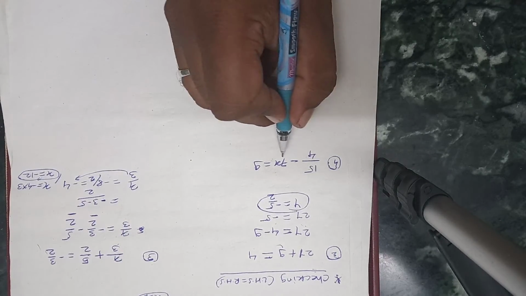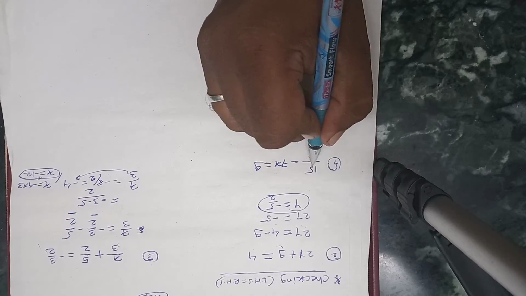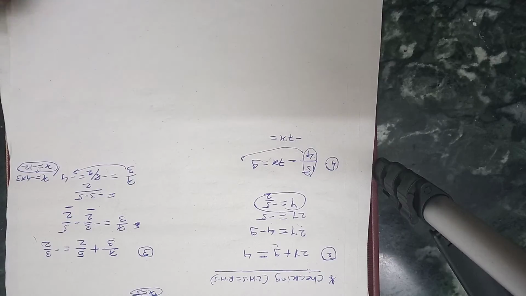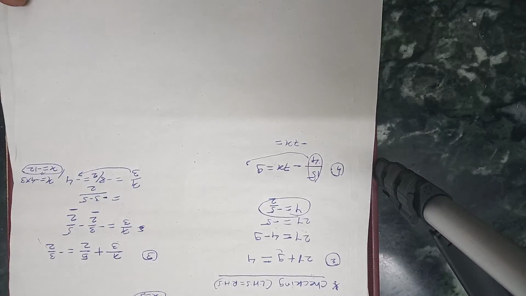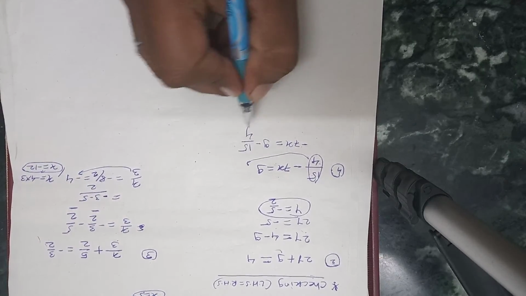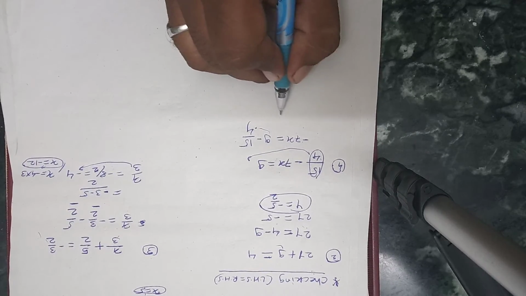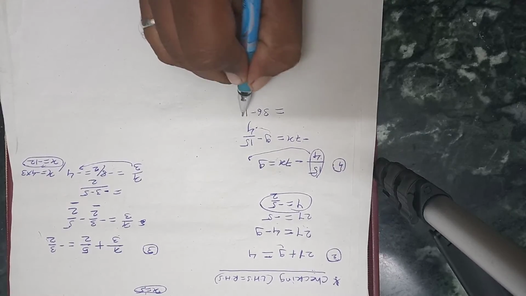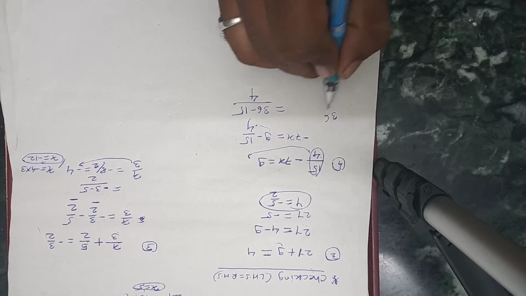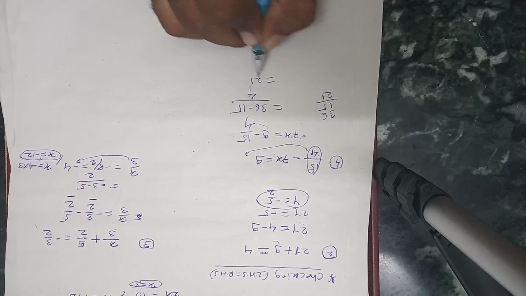Let us see one more example, that is 15 by 4 minus 7x is equal to 9. So we will keep minus 7x here. We will shift this 15 by 4 to here. This 15 by 4 is a positive value. When you shift from LHS to RHS, it will become negative. So 9 minus 15 by 4. So we will multiply this 4 with 9 and make a common base, that is 36 minus 15, divided by 4. 36 minus 15 is 21, that is 21 by 4.